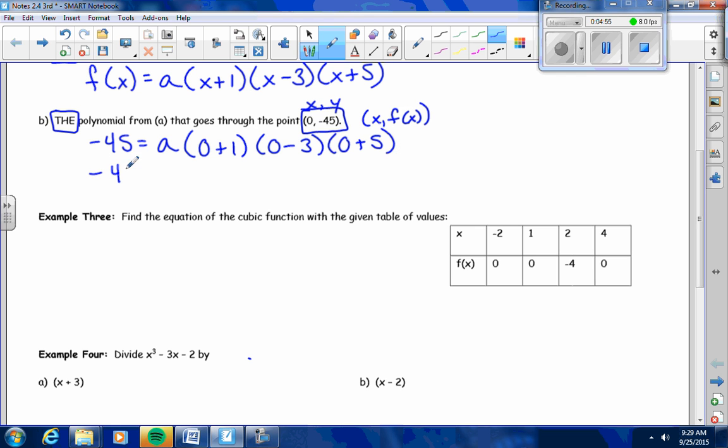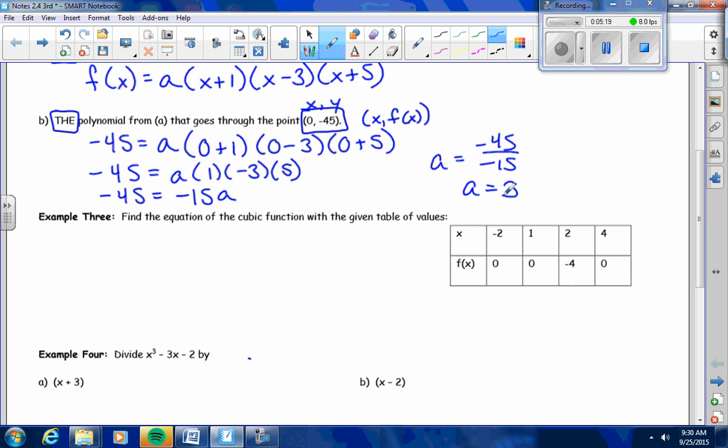So -45 equals A times 1 times -3 times 5. So 1 times negative 3 times 5 is negative 15. So negative 45 equals negative 15a. Divide both sides by negative 15. And so a equals 3. So the last step is to write the actual polynomial with that particular leading coefficient.